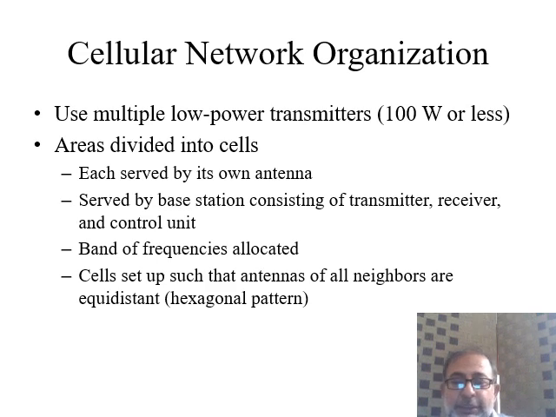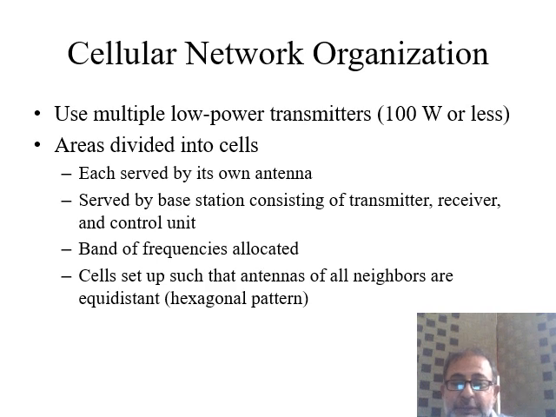It is almost like the beehive cells. Each cell has its own antenna and is served by a base station, which consists of transmitter, receiver, and control unit. A certain band of frequencies is allocated as far as 1G is concerned.